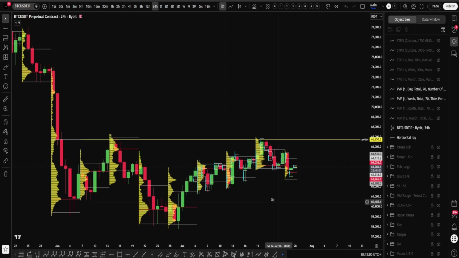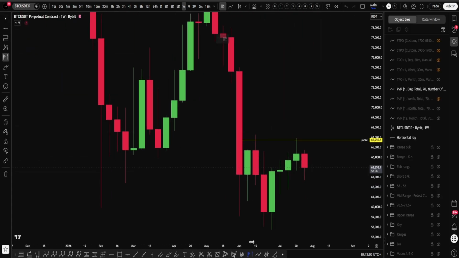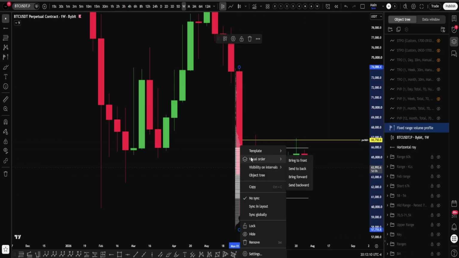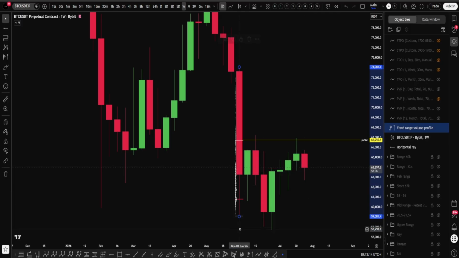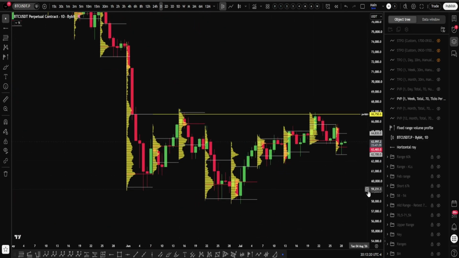This for example was a really good one to keep, because if you go on the weekly, look what it's calculating. It's calculating this huge weekly candle. So what is this weekly value area high telling you?